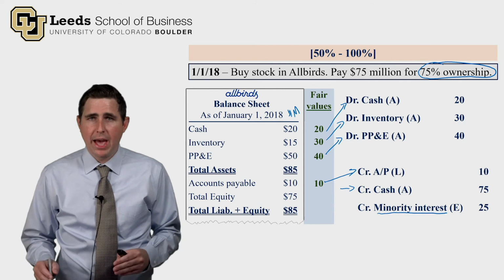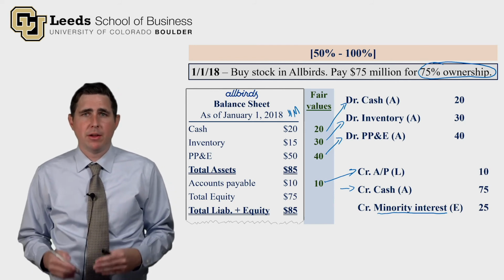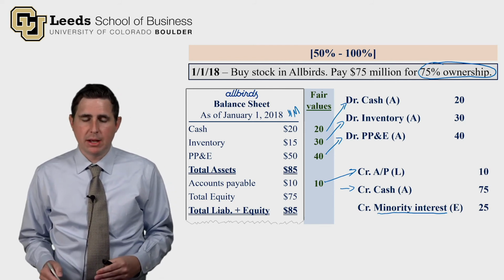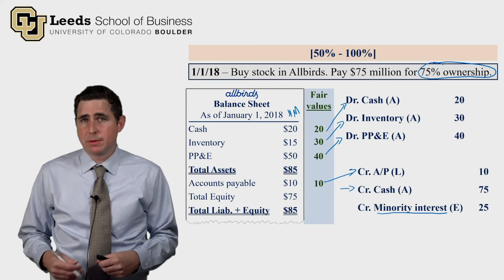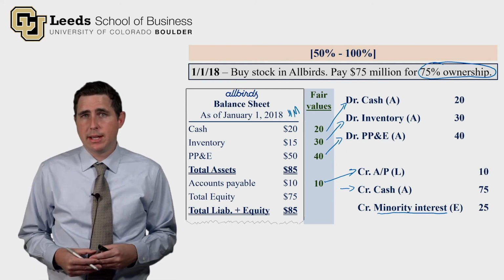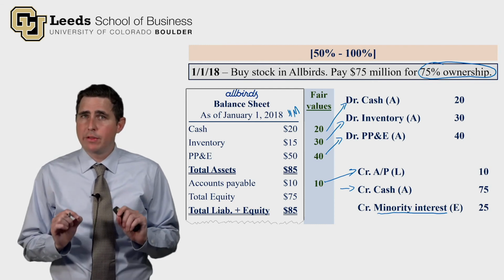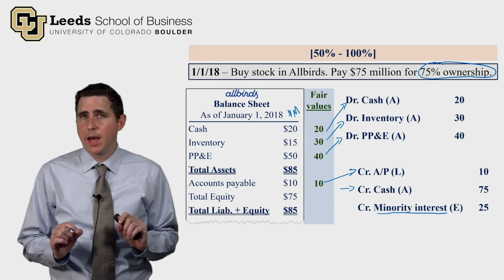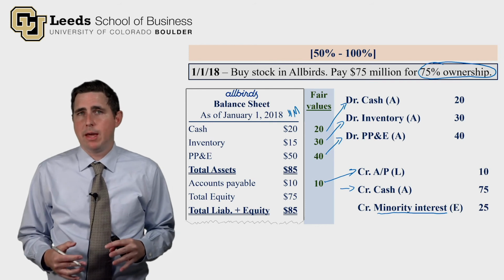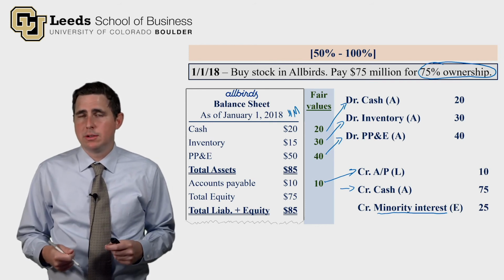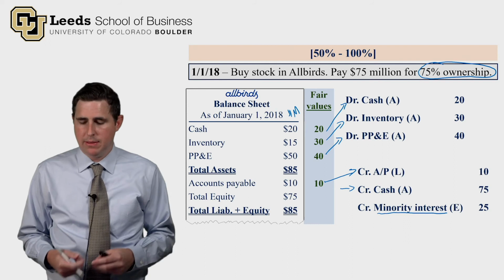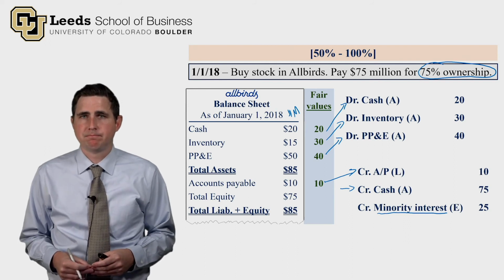And we record that in the equity section of our balance sheet. And what does that represent? Because investors will see this minority interest account on our balance sheet, it tells investors, you see all of the cash and inventory and PP&E that we have. We don't own 100% of that. There's a minority interest in those assets and liabilities. And that's what that account tells investors.